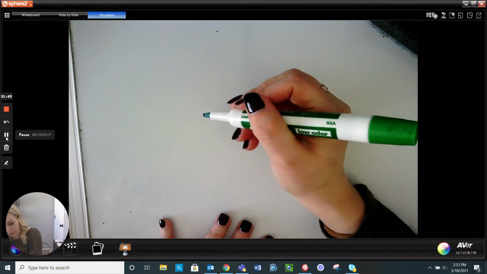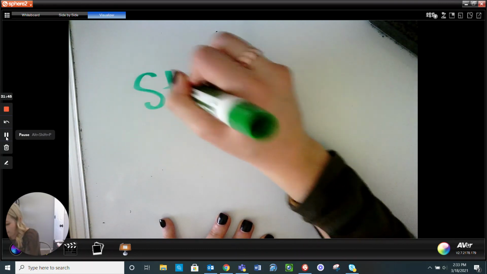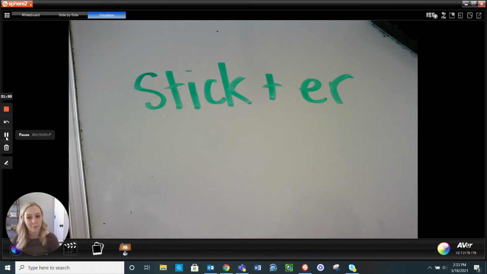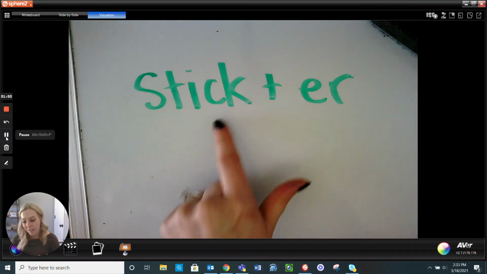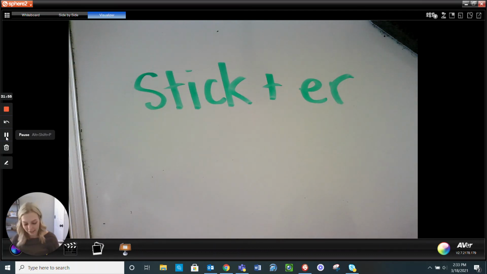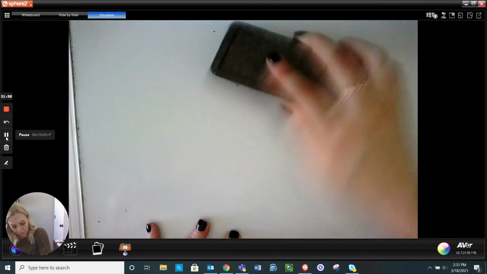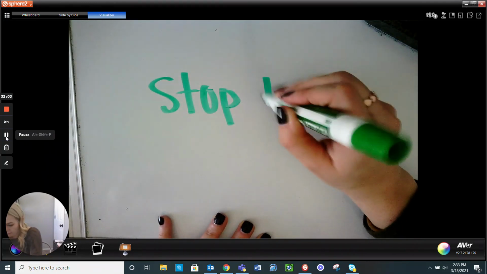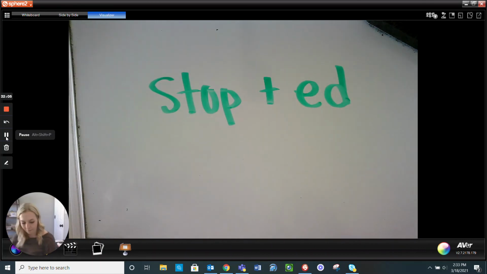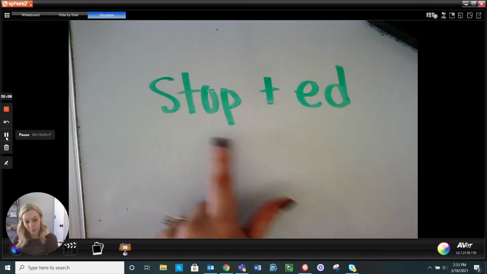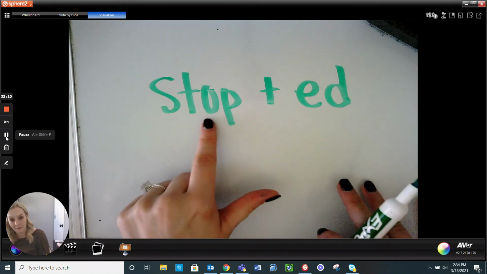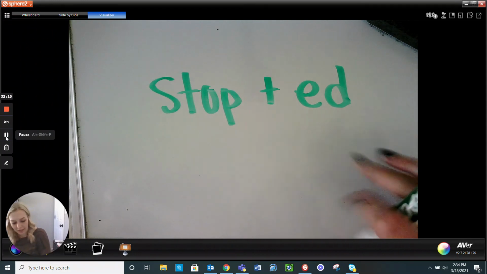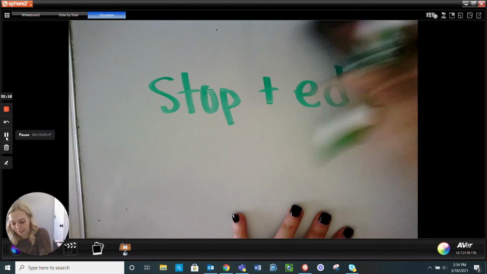What about the next one? Would we double the consonant? No, because it again ends in two consonants, not one. One more. Would we double this consonant? Yes, we would. It ends in a vowel and a consonant, one of each, both written, and we were adding a vowel suffix.